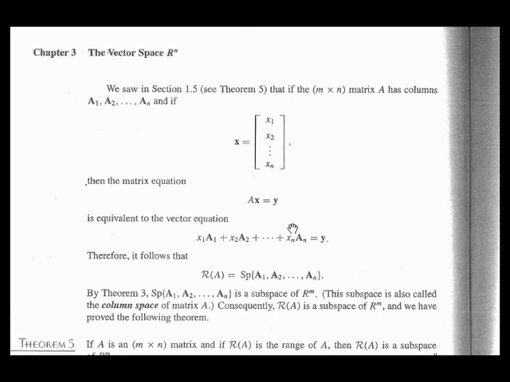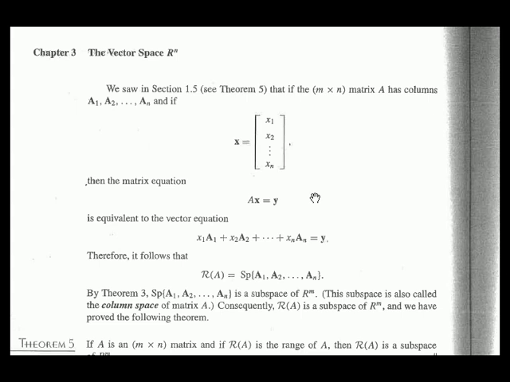You can also talk about the row space. That would be the span of the rows. And that's automatically a subspace also, because the span of anything is a subspace. So the column space, the space spanned by the columns, and the space spanned by the rows are both subspaces, but notice they're not necessarily even subspaces of the same Rn.